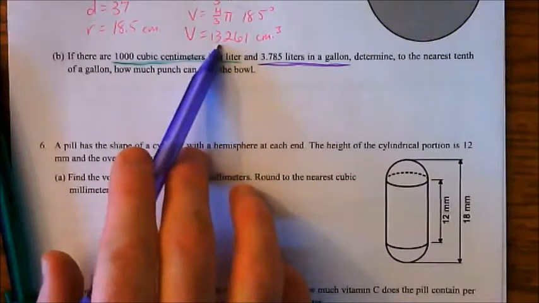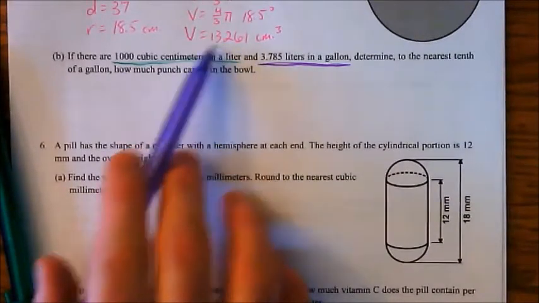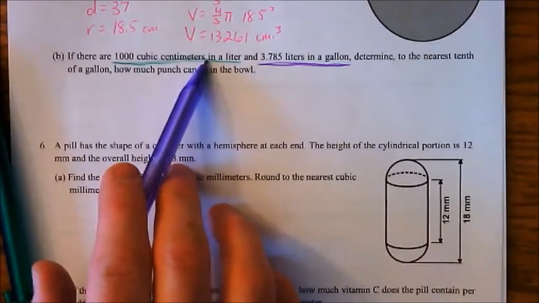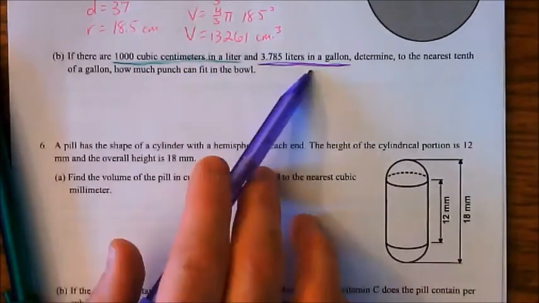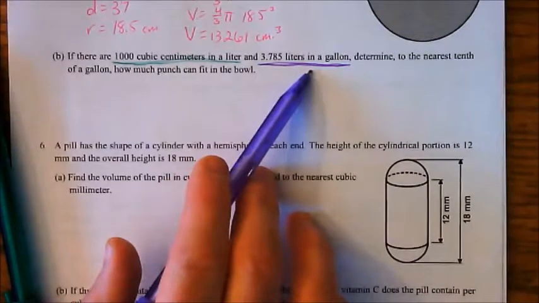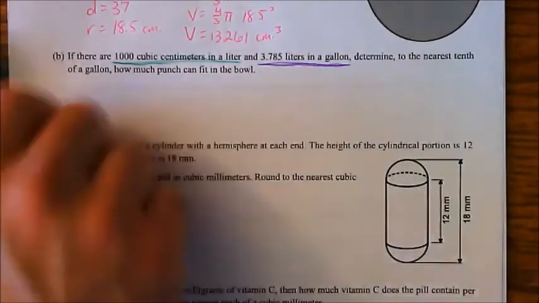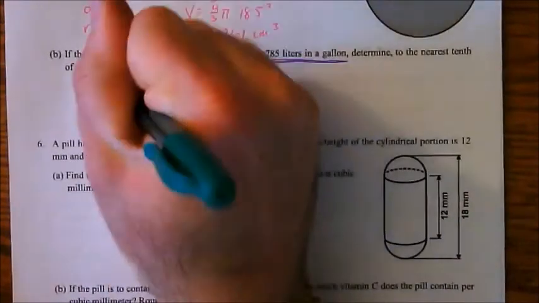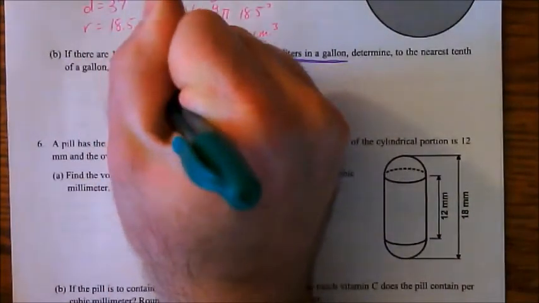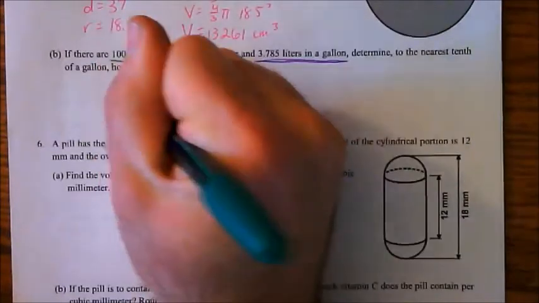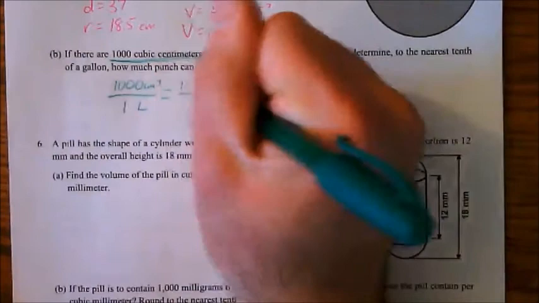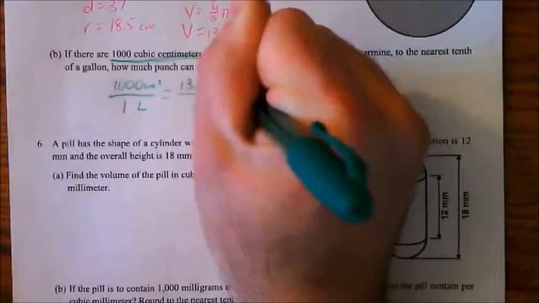Alright, so the volume would be 4/3 pi r to the third. So that's 4/3 pi times 18.5 cubed. Now you could also just type in 4 divided by 3, I just like using a fraction, times 18.5 cubed.